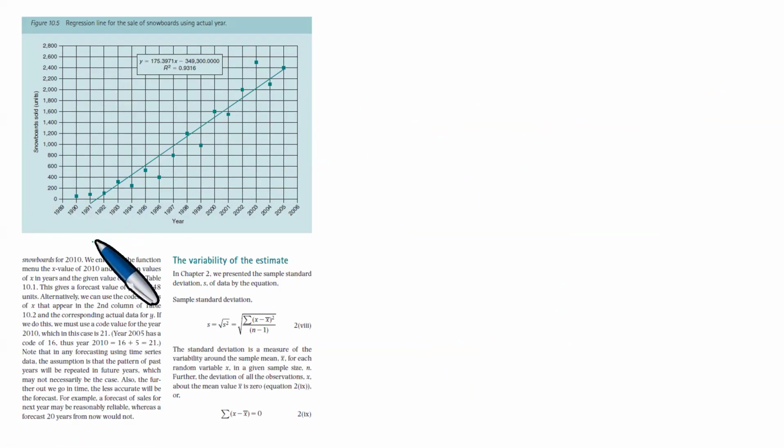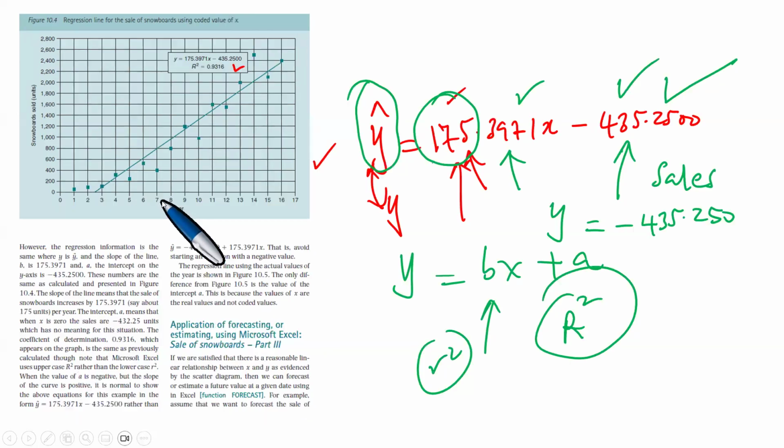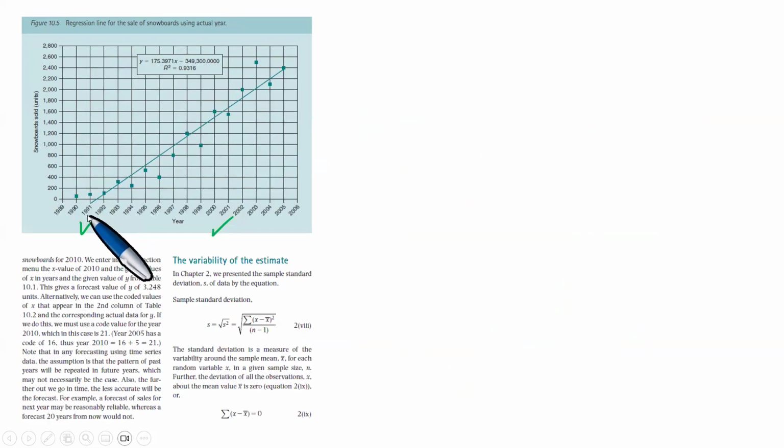So obviously these are the real X values here, not the coded ones, and we're able to see clearly here. This is very important for us. We're able to see the difference between the graphical representation with the coded values of X and the uncoded ones. You can see 1990, 1991, then 1992. Between 1991 and 1992 you can see there was a cut there, but obviously here we're using the real values.